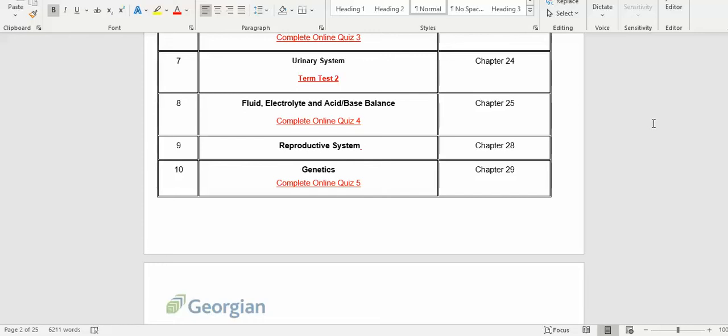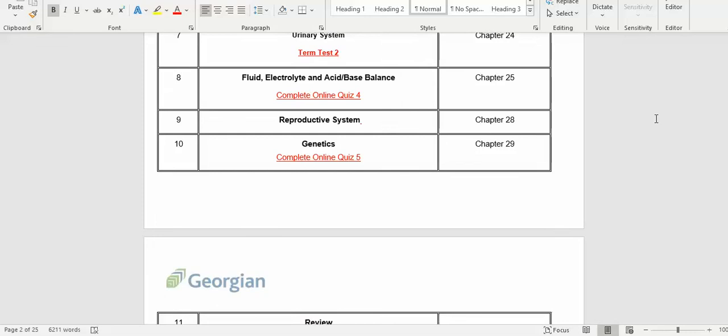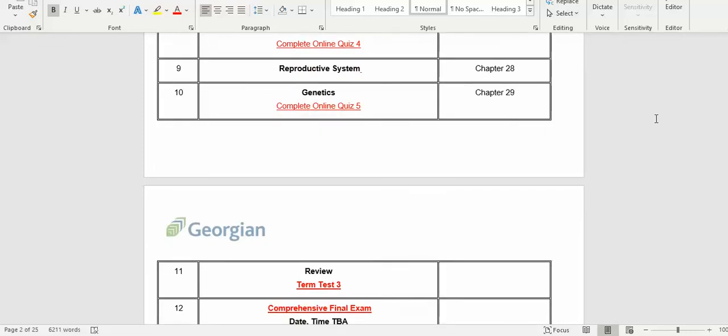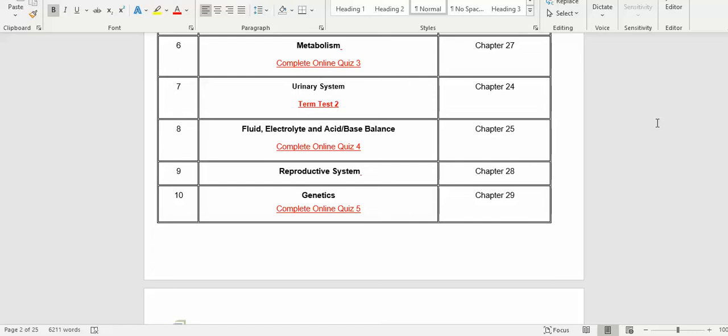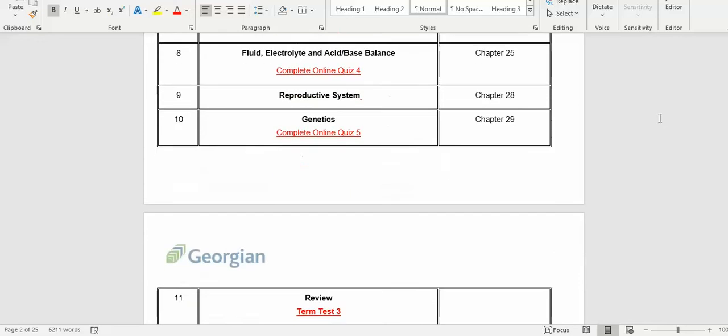Quiz 5 will be on reproductive system and genetics, again, related topics. And it will be available until the night before term test 3, which will be on everything since term test 2: urinary, fluid, electrolyte, acid, base, reproductive, and genetics.